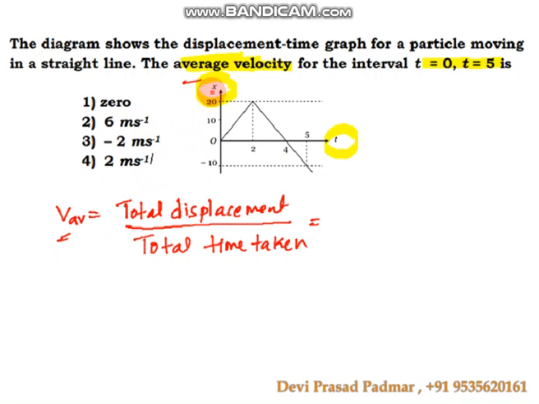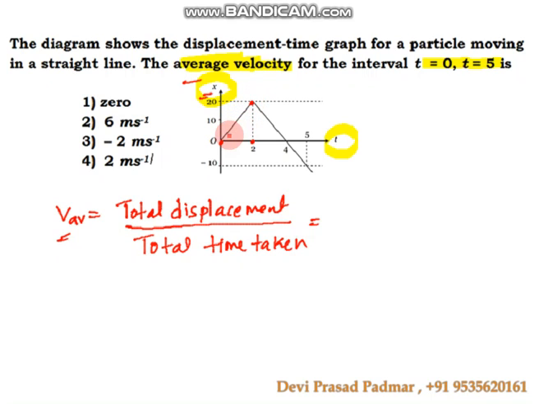Of course, along the y axis we have displacement. So, let us consider first 2 seconds, 0 to 2 seconds. Within that 2 seconds, the particle moves from here to this particular point, along this direction.